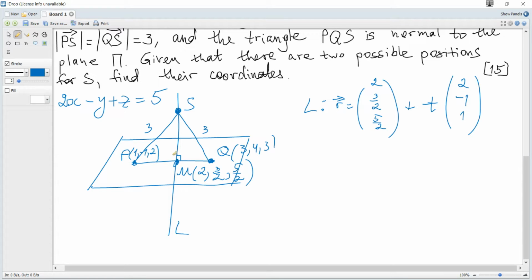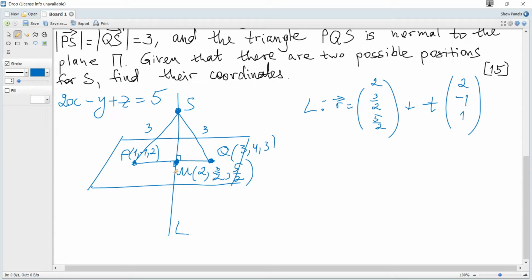So we can try, or we can set vector MS and consider vector PM, and hence they are perpendicular. We can try to consider the dot product, and we also get nothing.